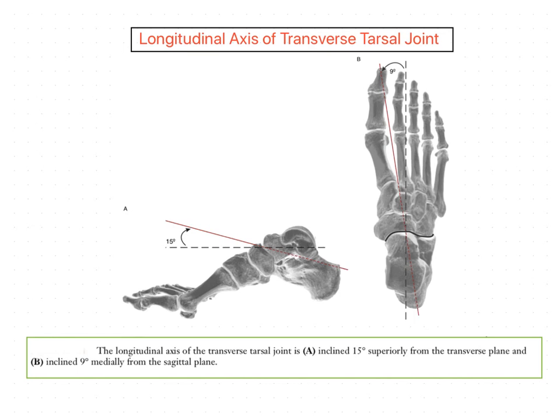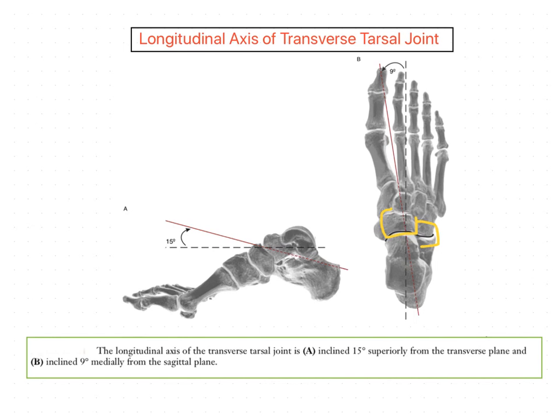Movements at the transverse tarsal joint are more difficult to study than movement at the ankle or subtalar joint, because multiple segments and multiple axes are involved in this joint.